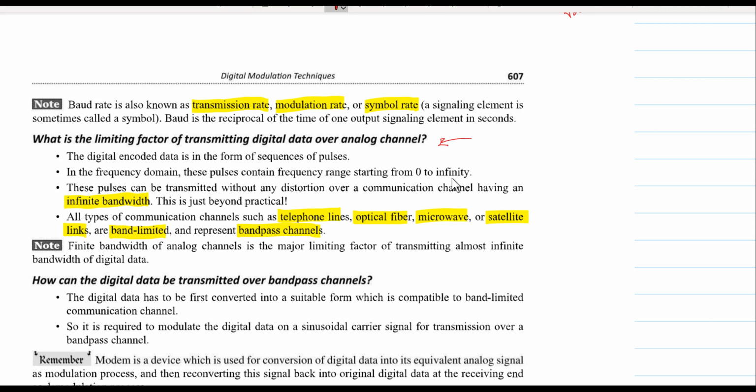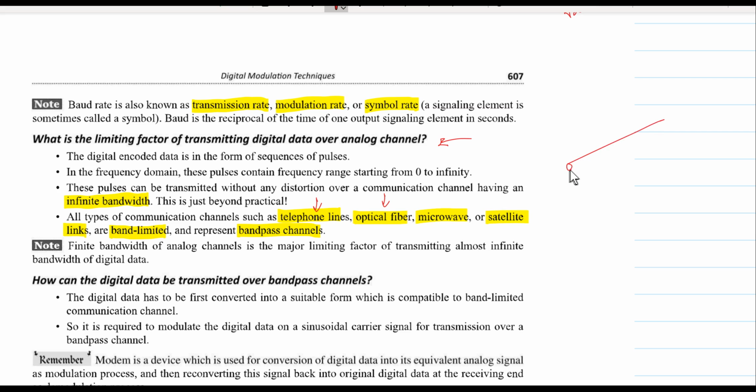We observe that all types of communication channels, such as telephone lines, and the optical fiber. When you hear about Jamii fiber or Safaricom fiber, they are talking about sending information in a fiber as a form of light.